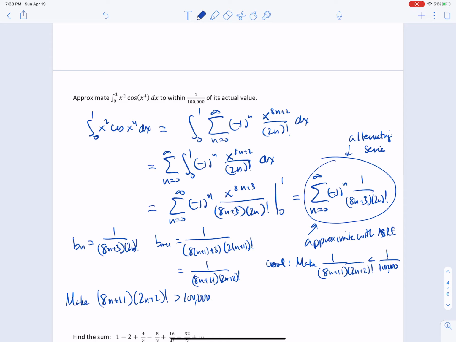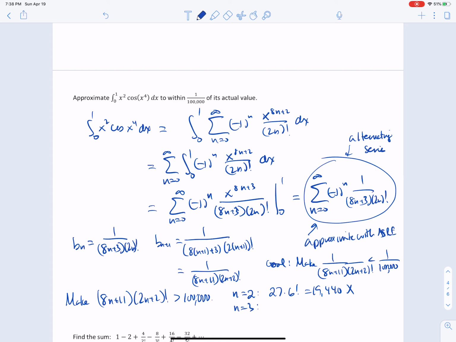I don't need to go very big, so let's take a look at n equals 2. If I let n equals 2, I get 16 plus 11 is 27, and then 4 plus 2 is 6, so I have 27 times 6 factorial, which isn't big enough, it's a little under 20,000.